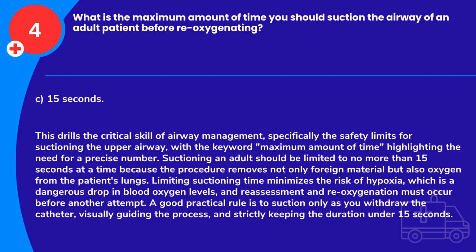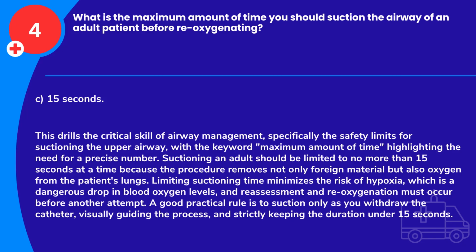Answer: C. 15 seconds. This drills the critical skill of airway management, specifically the safety limits for suctioning the upper airway, with the keyword maximum amount of time, highlighting the need for a precise number. Suctioning an adult should be limited to no more than 15 seconds at a time because the procedure removes not only foreign material but also oxygen from the patient's lungs.